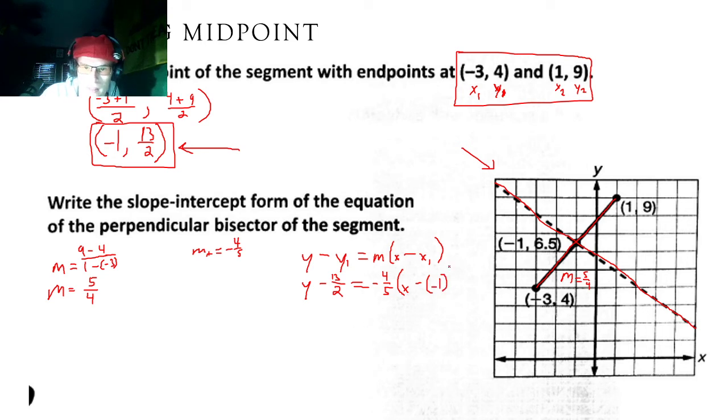All right, so let's solve this. First off, I'm going to distribute negative 4 over 5 into everything. So y minus 13 over 2 equals negative 4 over 5x. Actually, sorry, that is not correct.